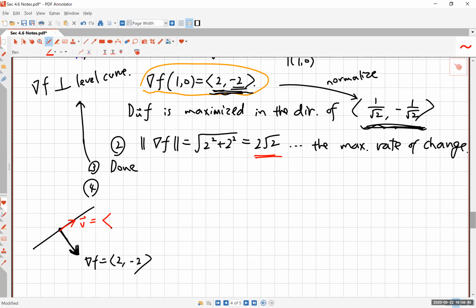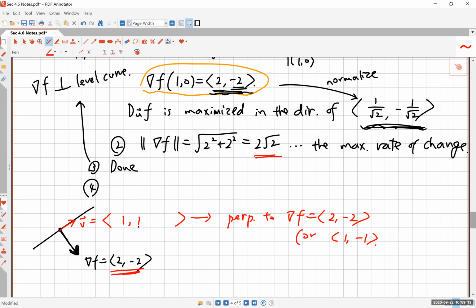Well, if you want to go in the tangent direction, you want v to be perpendicular to the gradient of f, which is 2, -2. Or, of course, it's 1, -1, which has the same direction. Do you know how to write a vector perpendicular to it? All you have to do is make sure the dot product is equal to 0.